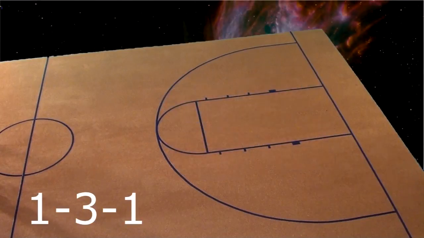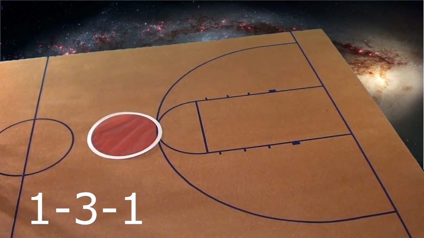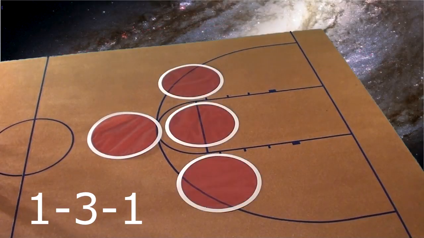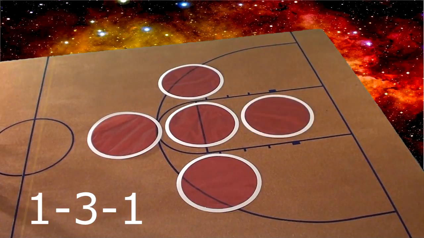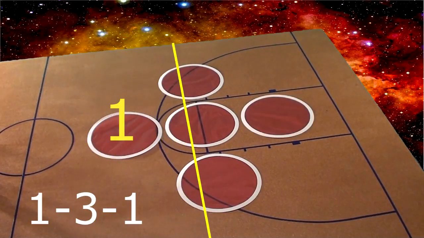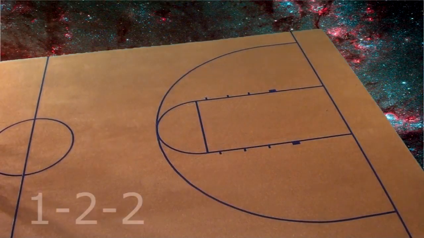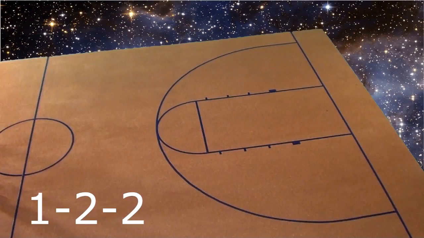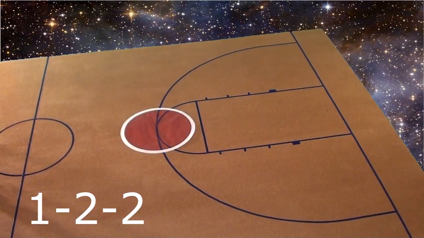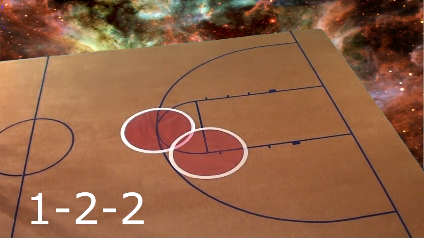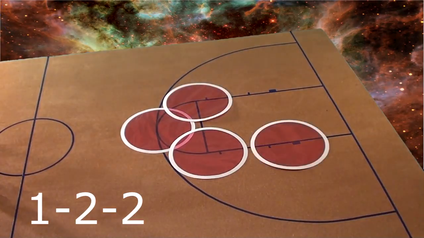A 1-3-1 zone defense has one zone located near the top of the key, three spread out along the free throw line extended, and one low and in the center of the free throw lane. A 1-2-2 zone defense has one zone at the top of the key and four more at each corner of the lane.